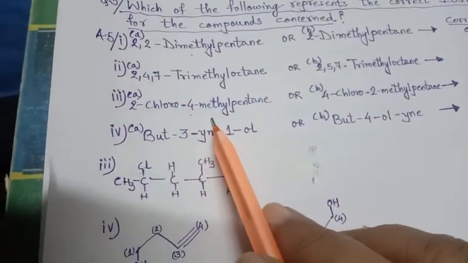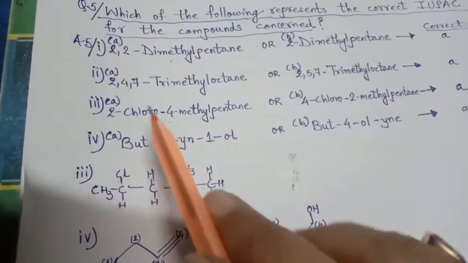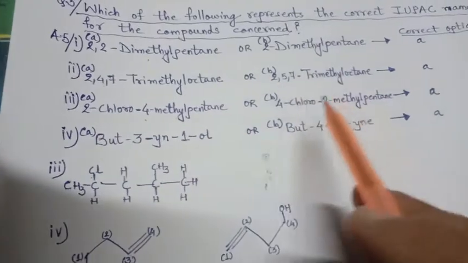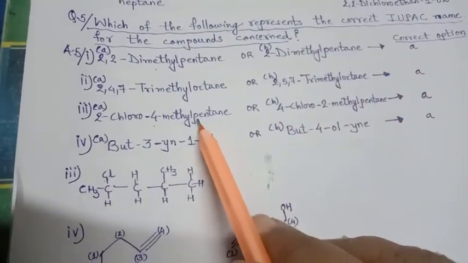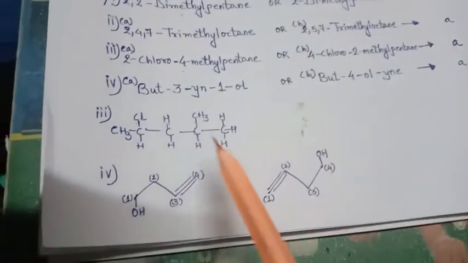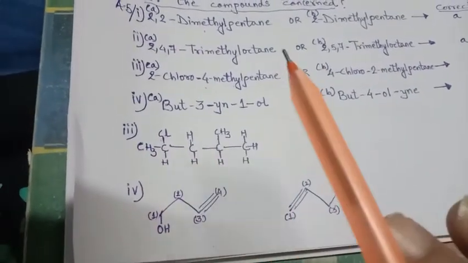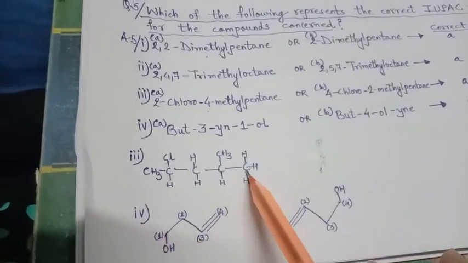The third question is 2-chloro-4-methylpentane and 4-chloro-2-methylpentane. Now actually the series is pentane. So let us go with the pentane series. 1, 2, 3, 4, 5. Now what happens? This is 5 carbon.